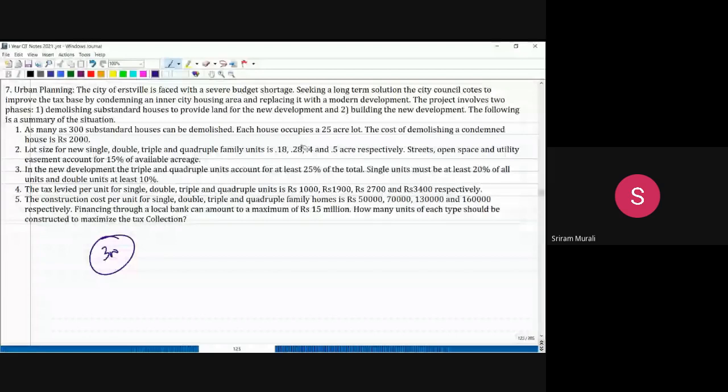In 25 acre of land, these will take 0.18 of 25, 0.28 of this, 0.4, 0.5 of this. So the remaining 85% is for this. You can construct everything in 85% of 25 acre. The remaining 15% will go to the street, open space, utility, etc. Is this clear? Yes, sir.